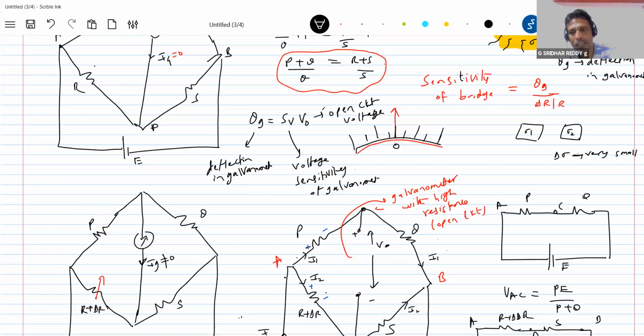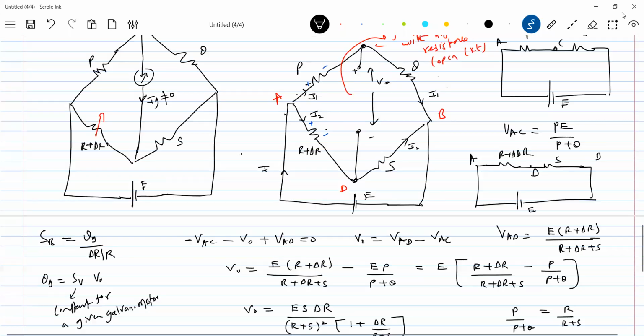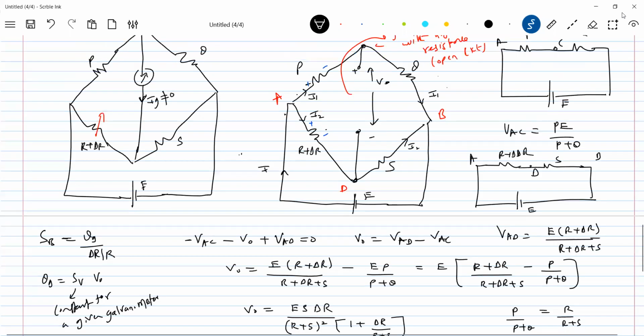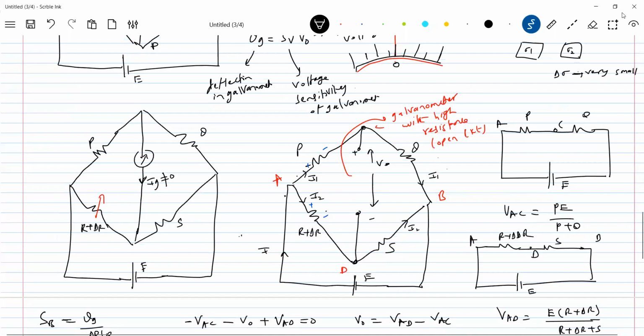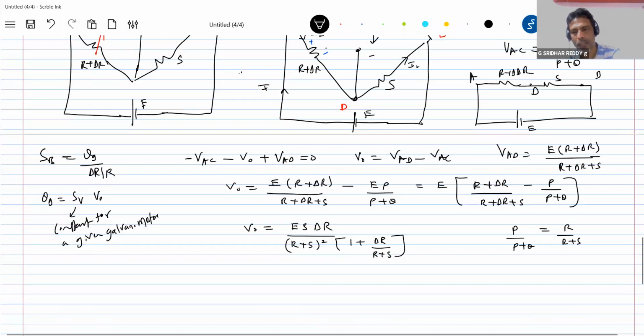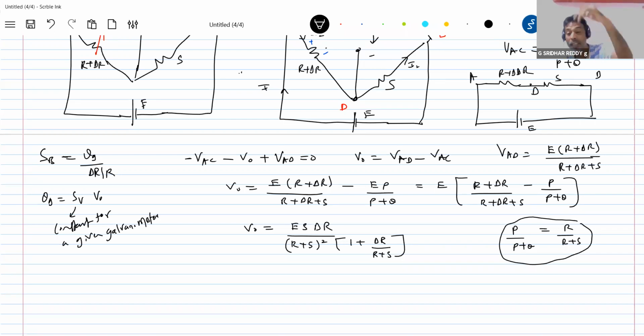Q by P plus Q, and this I can also write as P by Q by P plus Q. This is what I'm taking help of for the replacement, from the initial one.